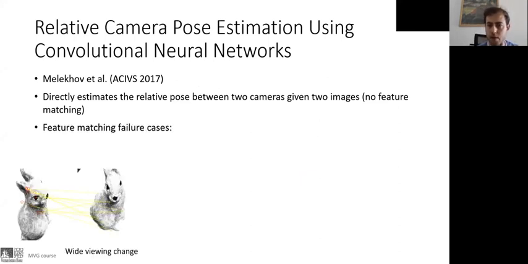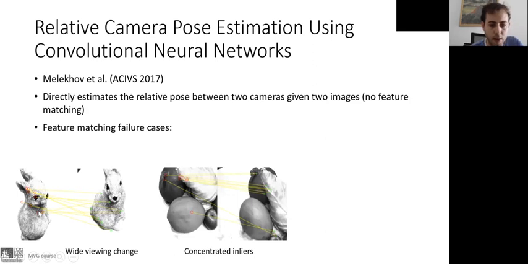The motivation for not using point correspondences is that sometimes point correspondences are very sensitive to properties of the scene or the cameras. For example, if the angle between the cameras is very wide, it's very hard to find point correspondences. And also, sometimes some of the inliers are very concentrated, so they do not constrain the solution enough, and you can get a solution with some outliers.